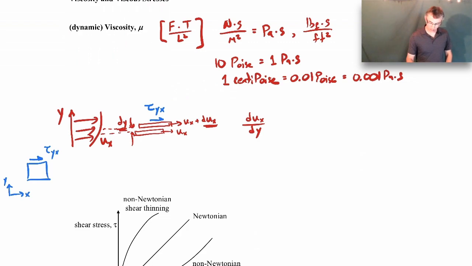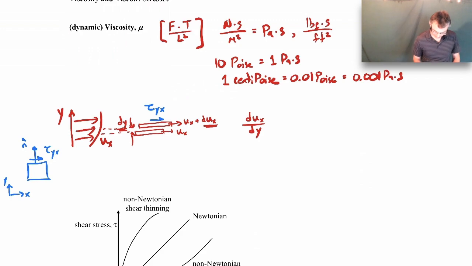This first subscript, the y, tells me which face the stress is acting on. What I mean by that, it's the face with a unit normal vector pointing in that particular direction. So on that particular face, the unit normal direction n hat here is pointing in the y direction. So the first subscript indicates the face that you're on.